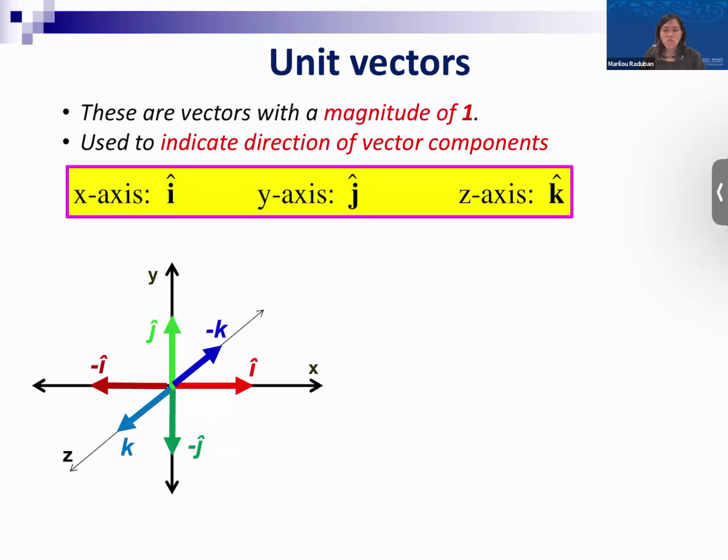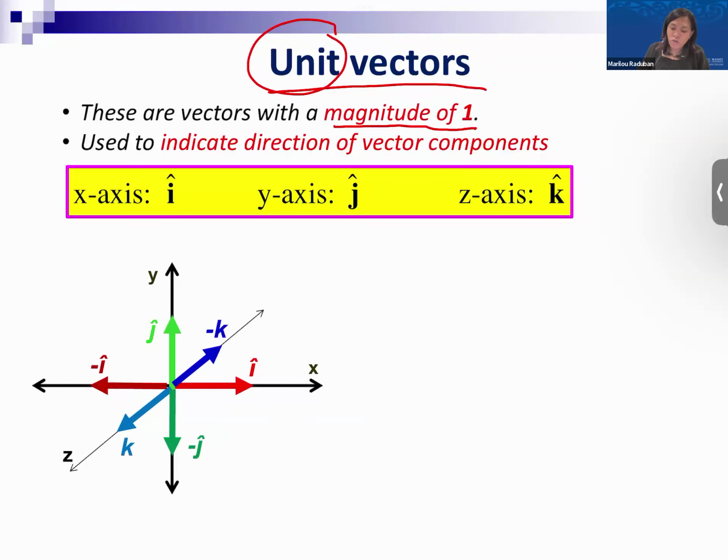The i hat and j hat and an additional k hat here are what we call unit vectors. Okay. Unit because their magnitude is equal to 1, right? Unity that represents the number 1. And unit vectors are used to indicate the direction of the vector components.